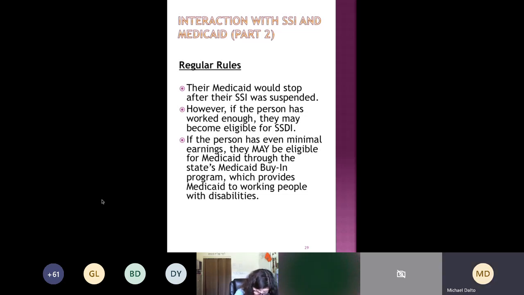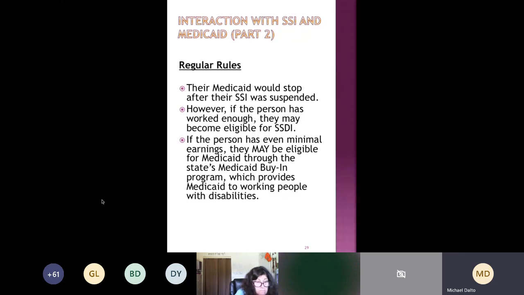Now, what if the person doesn't qualify for SSDI, their SSI and their Medicaid stopped or are about to stop due to their UI benefit? Is there another way they could keep Medicaid? There may be. Medicaid rules differ greatly from state to state.